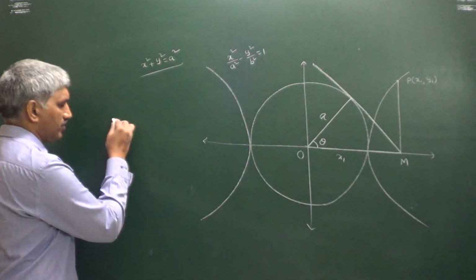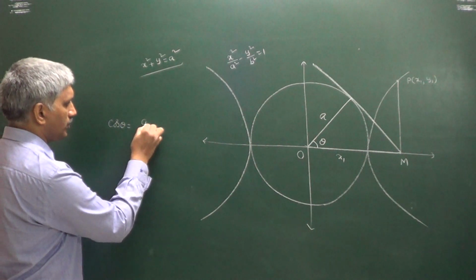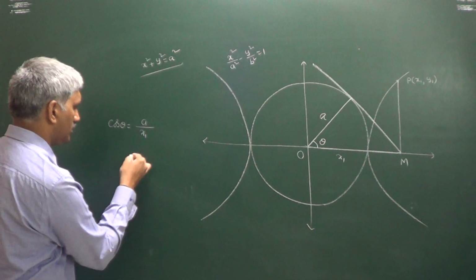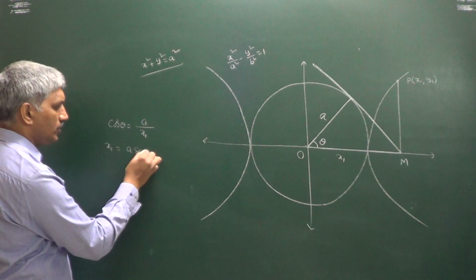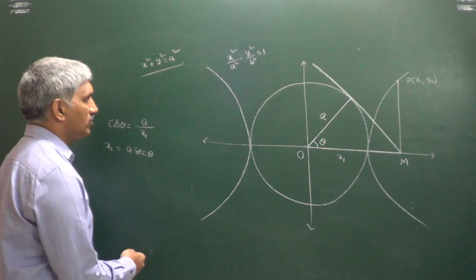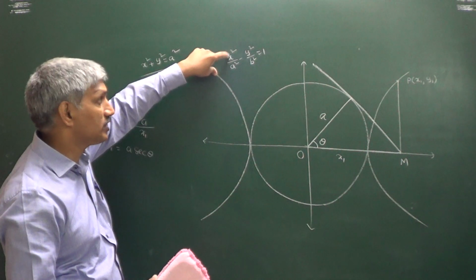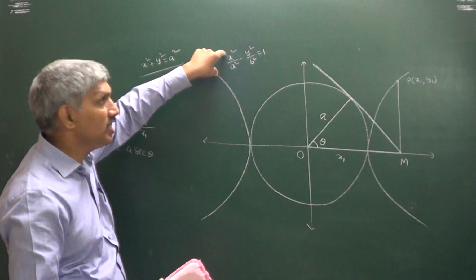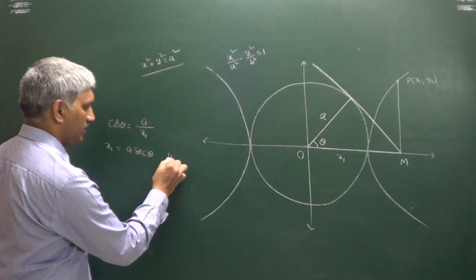Now from the diagram can you say what is cos theta? Cos theta is equal to a divided by x1, and therefore we are getting x1 is equal to a into secant theta. Substitute in this hyperbola equation in place of x1 a secant theta, then you will get y1 is equal to b tan theta.